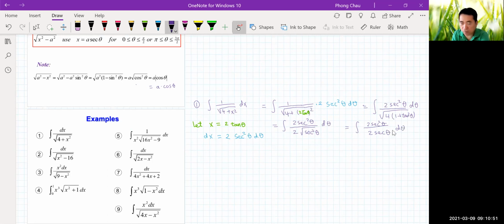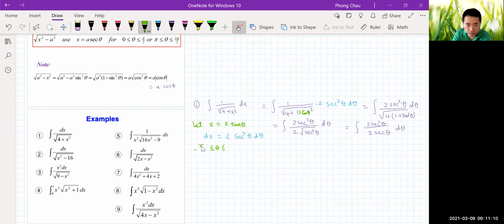Now again, we're supposed to have absolute values, but when we let x be this, there should be a condition for the theta. You want the theta to be between negative pi over 2 and pi over 2.